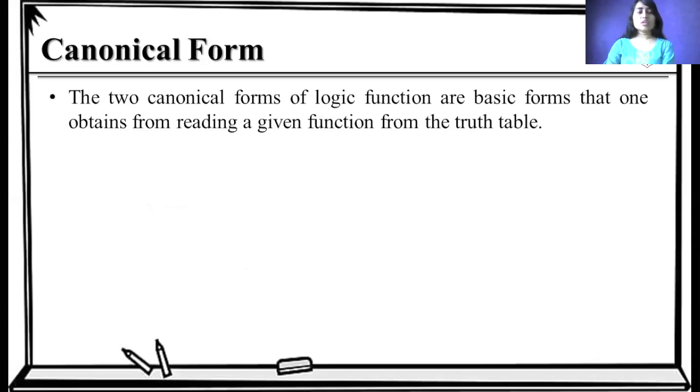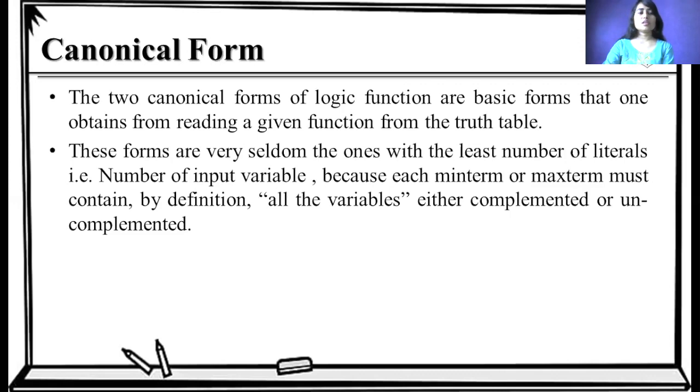The two canonical forms of a logic function are the basic forms that one obtains from reading a given function from the truth table. For any input condition from the given input combinations, we can write it in the form of an expression using the minterm or maxterm characteristic.